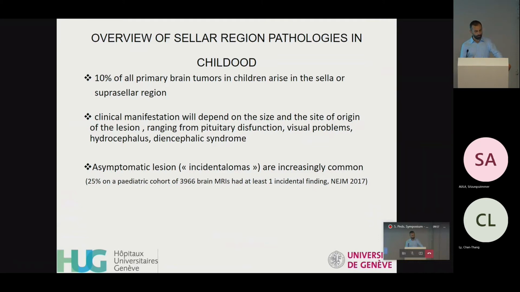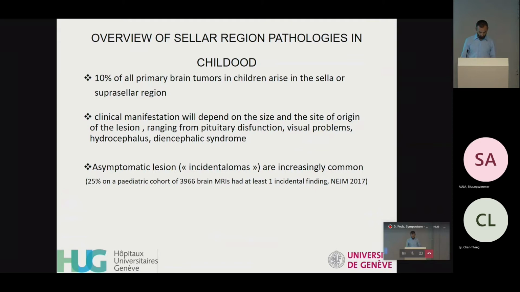But they usually will involve either endocrine dysfunction, visual dysfunction, raised intracranial pressure from hydrocephalus, or neurobehavioral problems. And not least, asymptomatic lesions are increasingly common. One of the nicest recent reviews, on a cohort of nearly 4,000 MRI scans, found at least 25% of incidentalomas in the brain, generally speaking.